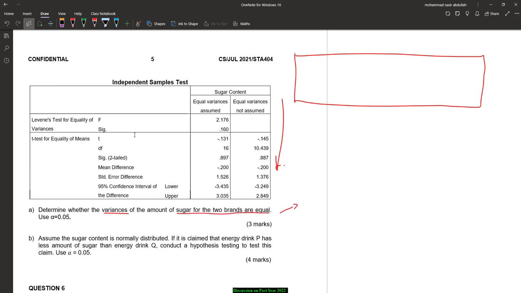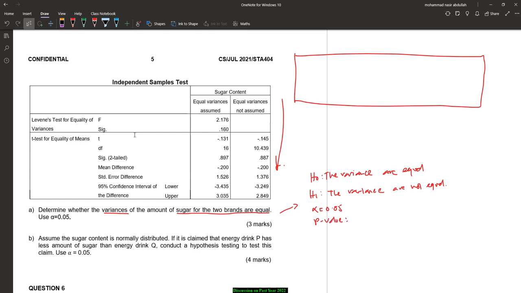So kita letak daripada mula null hypothesis, the variances are equal. Alternative hypothesis, the variances are not equal. So alpha 0.05, p-value, right?